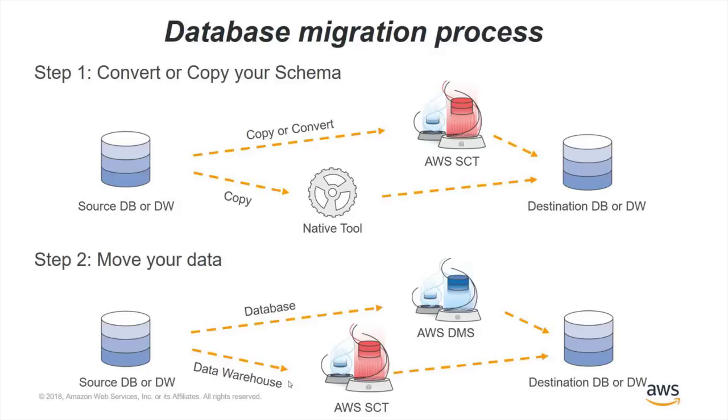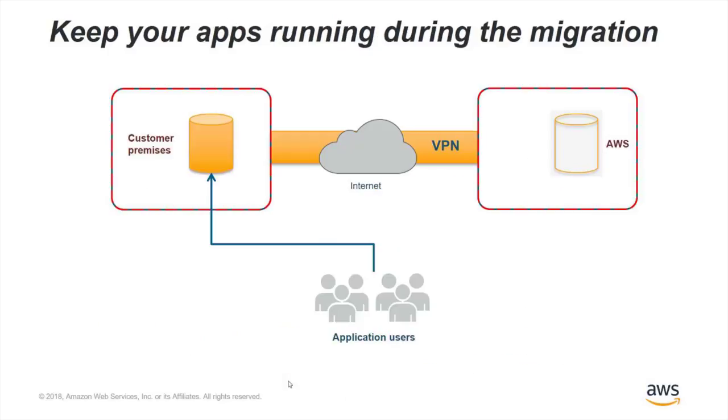And at the same time, you can also use DMS to migrate from your existing databases to Amazon Redshift. So this is a general scenario for how customers can do the migration using DMS.